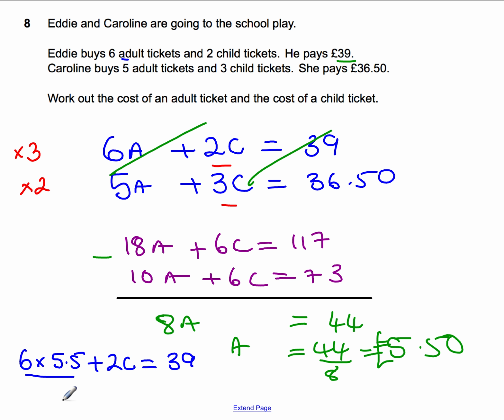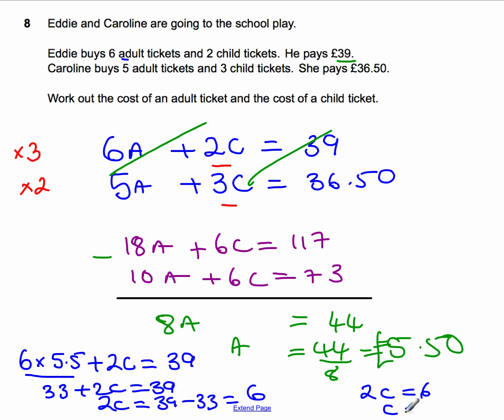Then 6 times 5.5 is 33, and 33 plus 2c equals 39, and 2c is equal to 39 take away 33, which equals 6. So 2c is worth 6. So if 2c is worth 6, then the cost of a child ticket is £3, and that's through 6 divided by 2.